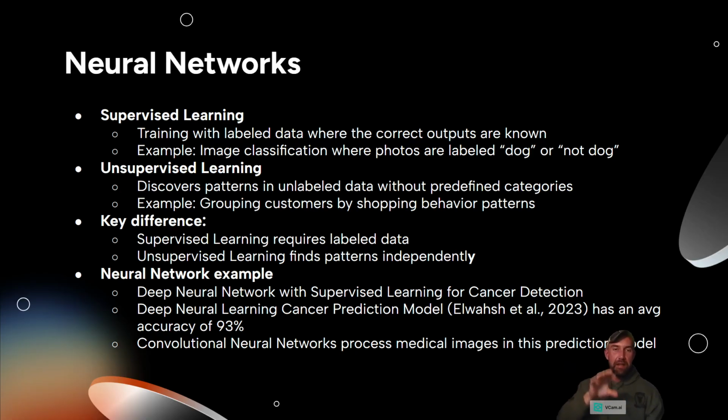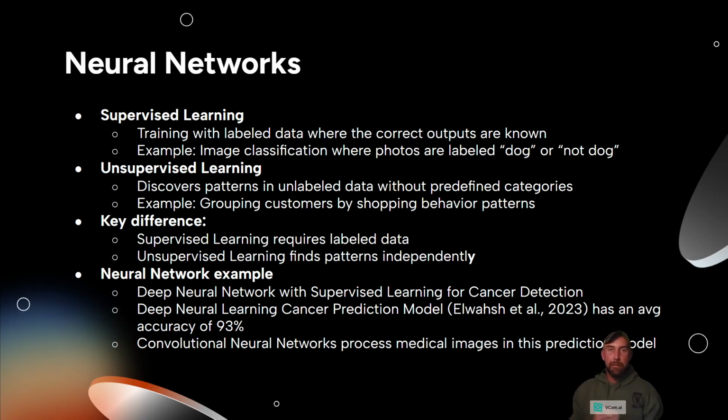The historical data that you'll train the model on when you're doing supervised learning is data where you know what sickness that patient had. So that's how you train your model in supervised learning: you know what the outcomes were and you're trying to see how close your model is to predicting the right outcome. And then using something called a gradient function or loss function, you're going through and trying to optimize the model to become more and more accurate during each training run. But you have to have labeled data to do supervised learning.